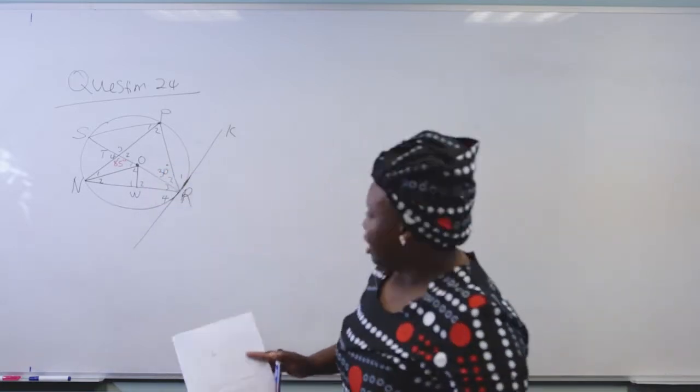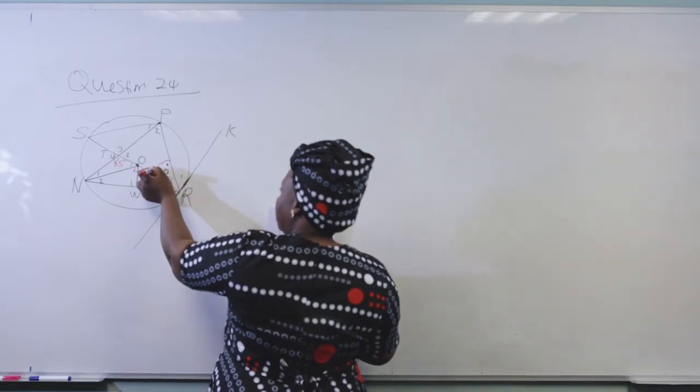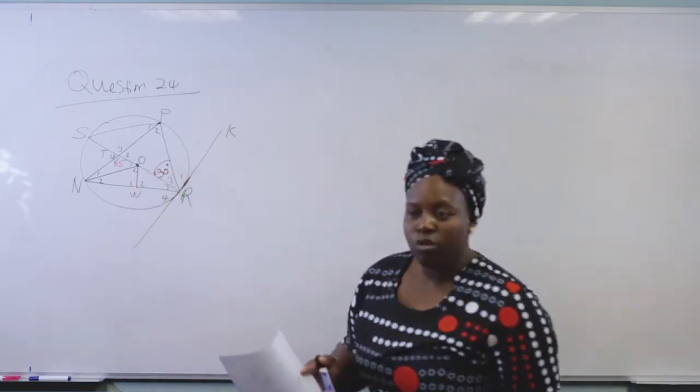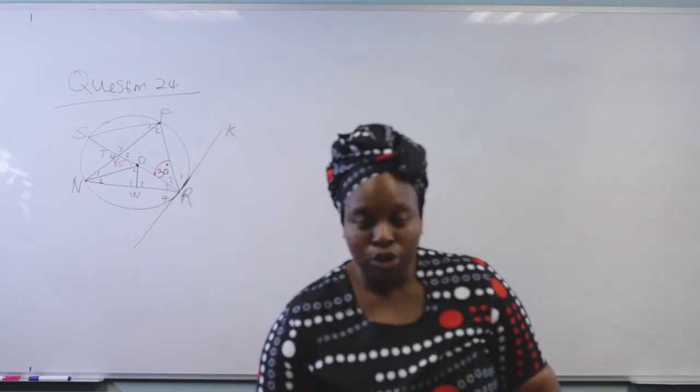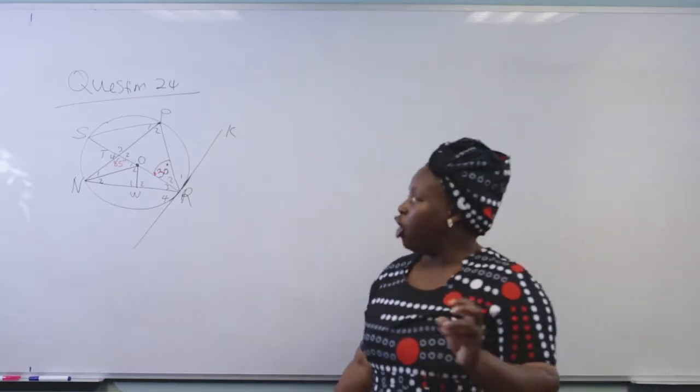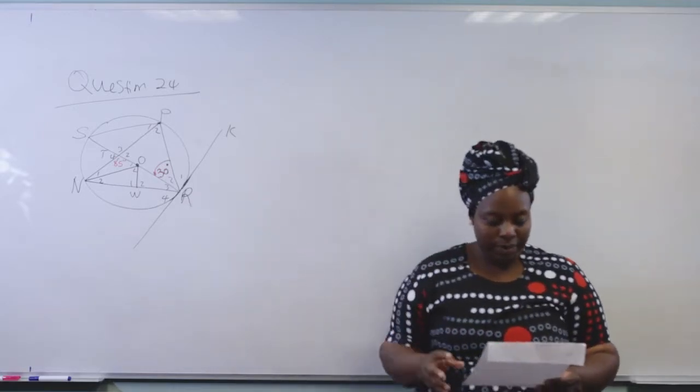So let's use a different color so we can remember that there's something that we need to use. The moment they give us values, it means that our answers must be in those values. So let's go to the information and see if all the information is in the shape. If not, we must put it in. Okay.